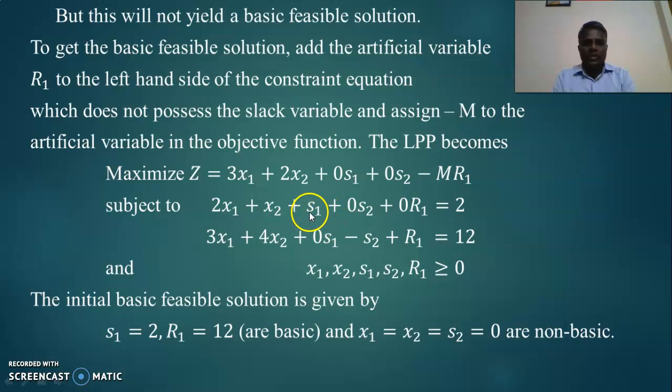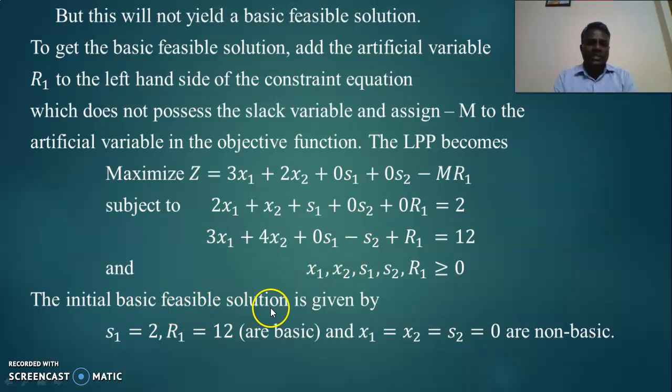So S1 is the slack variable for the first constraint, and S2 is the surplus variable for the second constraint, since the second constraint is of greater than or equal to type. Whenever a surplus variable appears, we must add the artificial variable. So R1 is needed for the second constraint because S2 is a surplus variable.